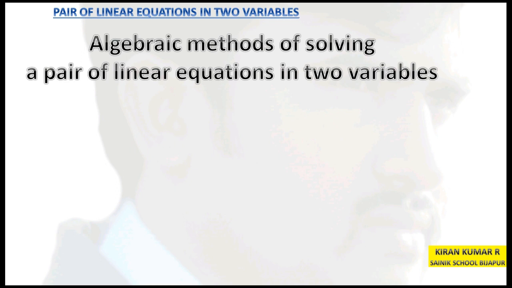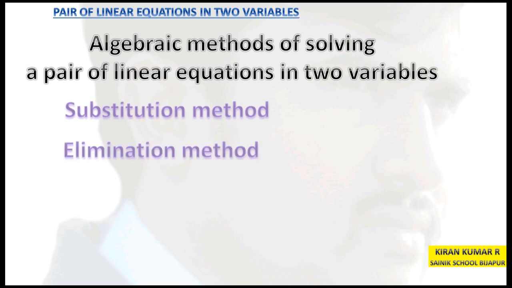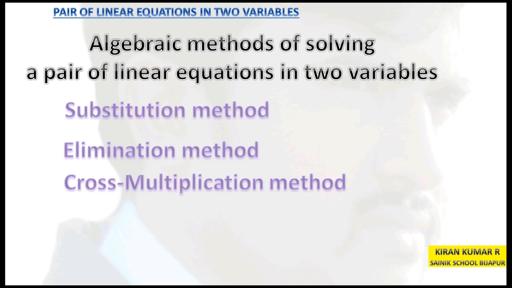There are three important algebraic methods. First method is method of substitution. The second method is elimination, and the third method is cross multiplication method. We'll discuss in detail some examples of each of these methods.